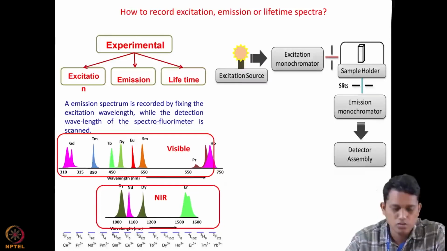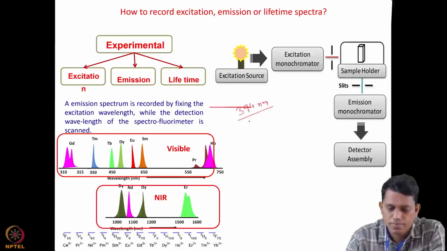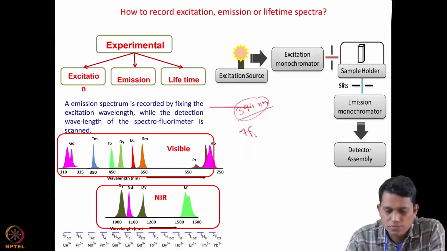For europium we choose a wavelength of around 394 nanometer. If you remember, in the absorption spectra of europium I showed you that this transition at 394 is starting from 7F0 and going to 5L6.